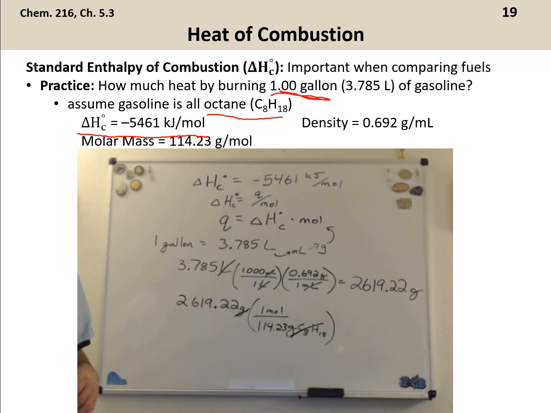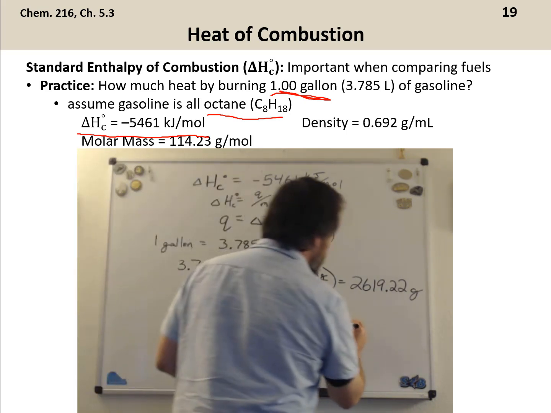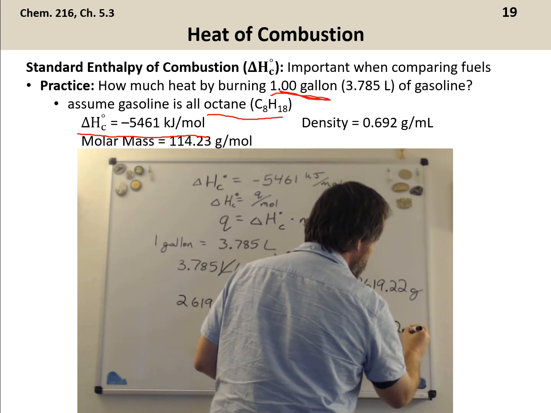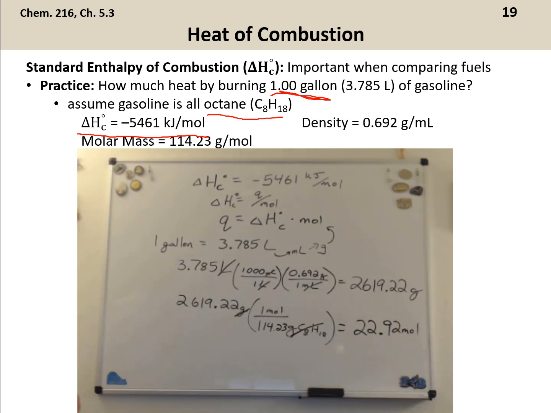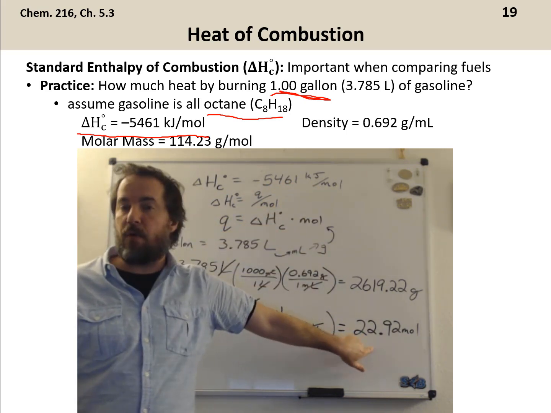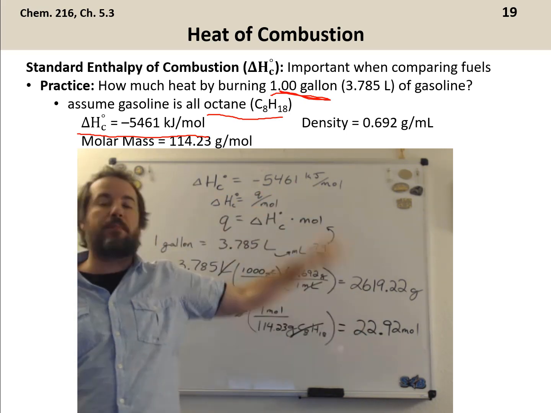And so this ends up being 22.92 moles of my octane. I know how much heat I get per 1 mole. Well, I have this many moles, so all I have to do is multiply.